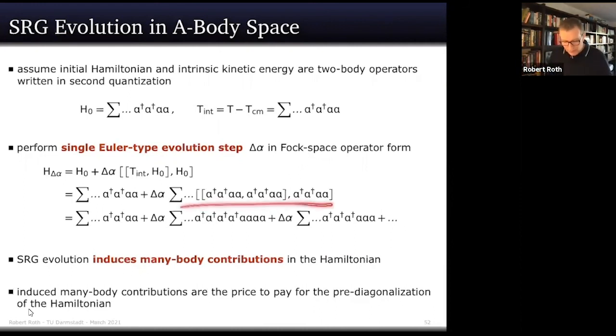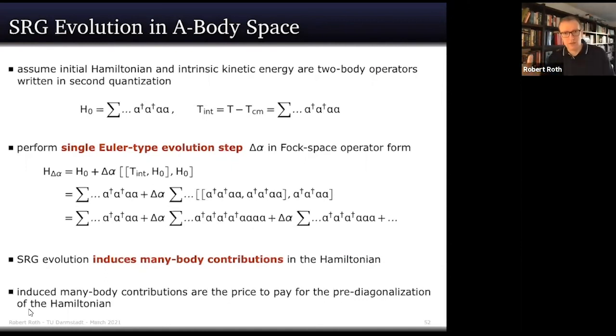If you go through that, you will find that this extra term has up to 4 creation, 4 annihilation operators, and of course 3 and 2. So by a single step in this flow evolution, you generate from an initial 2-body Hamiltonian suddenly up to 4-body interactions. This is the price you pay.